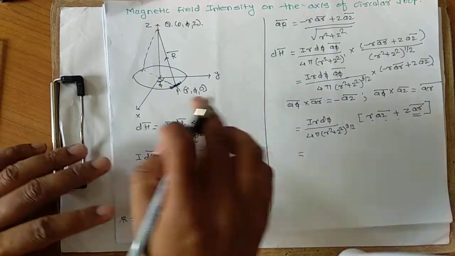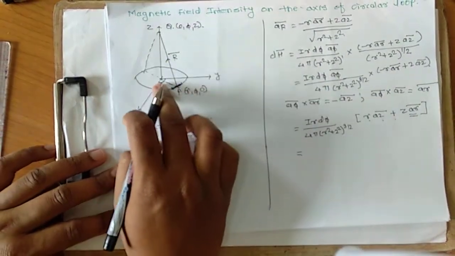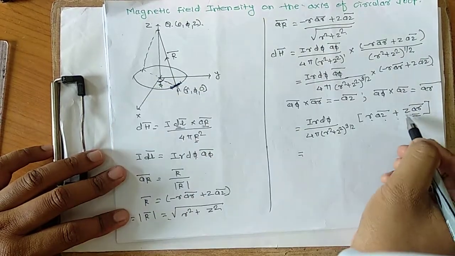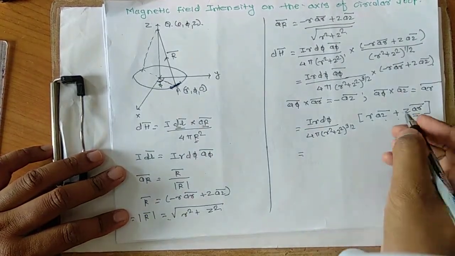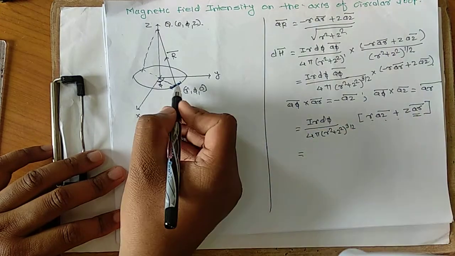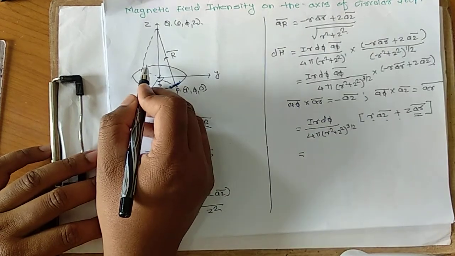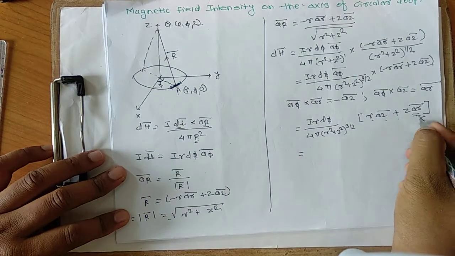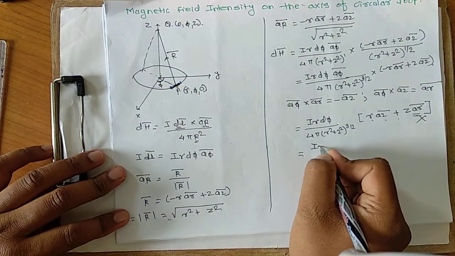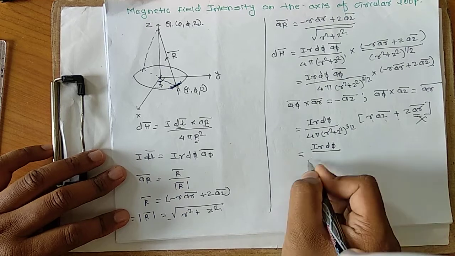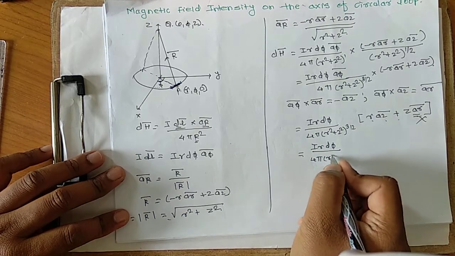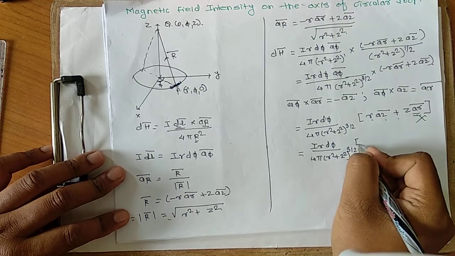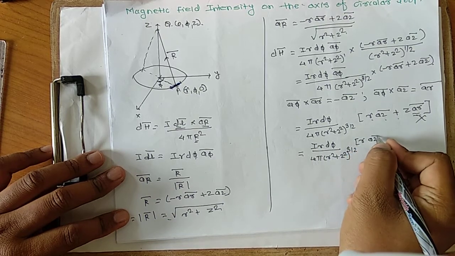If you add all these when you integrate at the end, it will get cancelled. That's why we eliminate this a_R bar, because exactly opposite the same horizontal component is available. So I will remove this a_R bar, leaving I r d phi over 4 pi r square plus z square raised to 3 by 2, times r a_z bar.